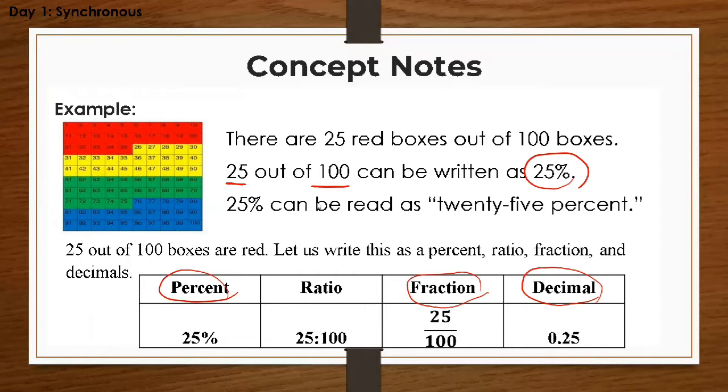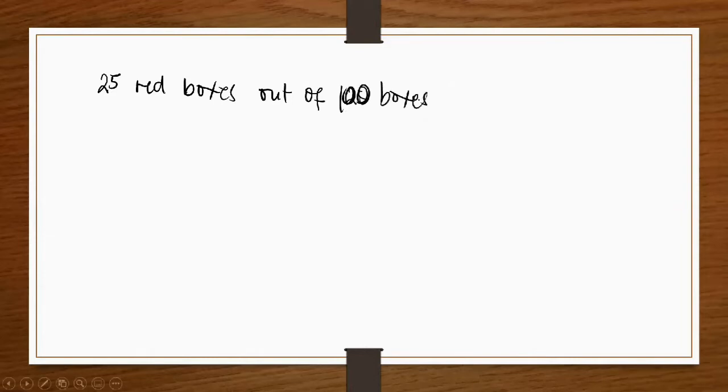Okay, so here, let's have this one. Let's write the given that we have 25 red boxes out of 100 boxes. Okay? So, ngayon, meron lang tayong given na 25 red boxes and 100 boxes.